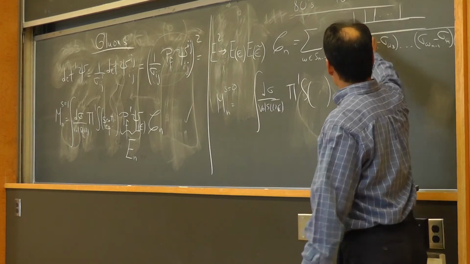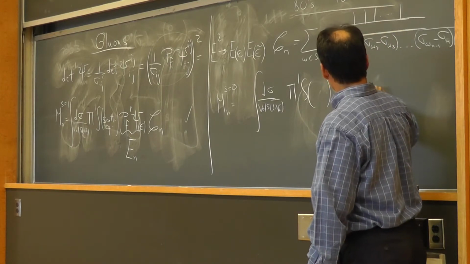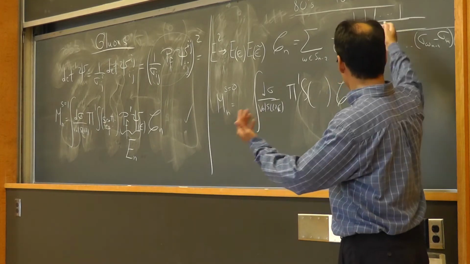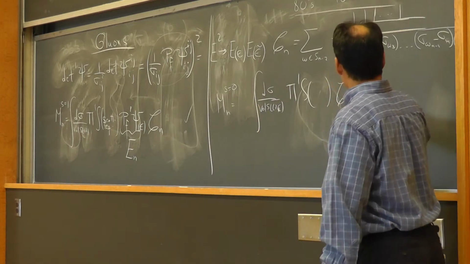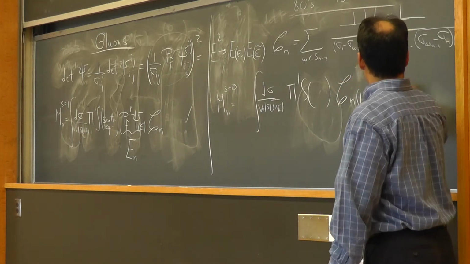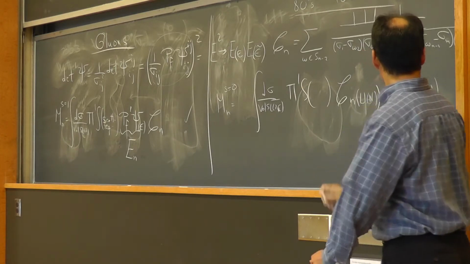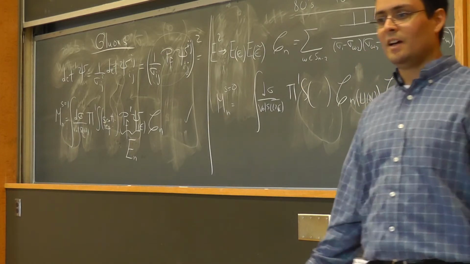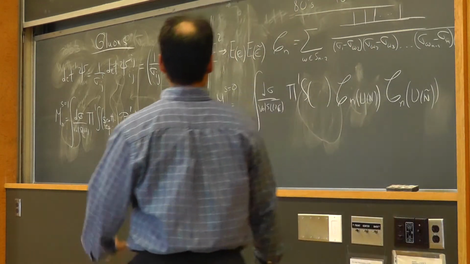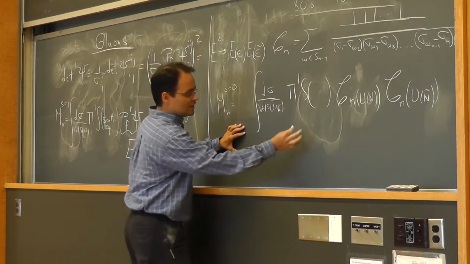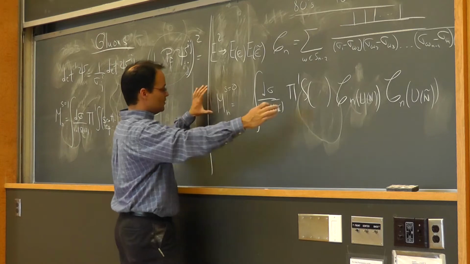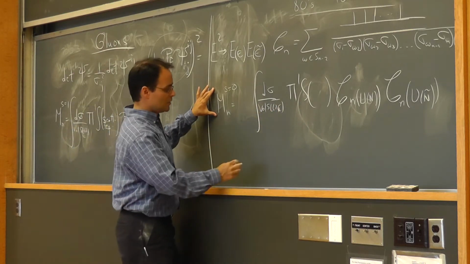If I do that, nobody stops me here from doing something similar. These were the color structures of a UN gauge theory, of a UN color group. So I can replace the C squared by another C here with UN tilde. Another one. And this thing seems to make sense. Now when you work this out, you find that this reproduces the tree-level S-matrix of the following theory.